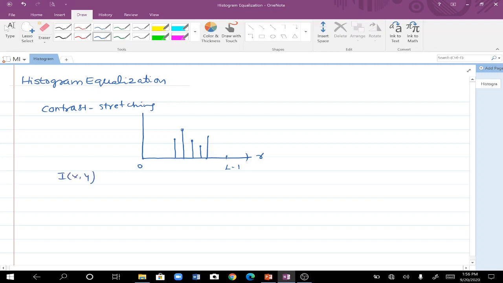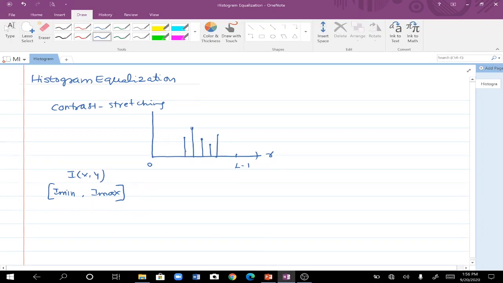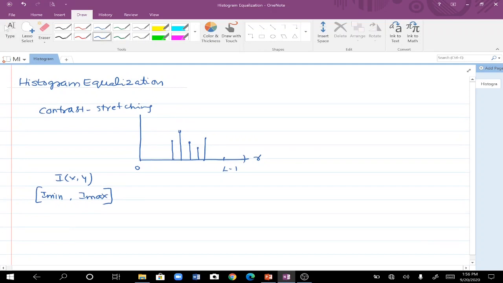Let the minimum and maximum intensities in the given image be I min and I max, giving you the range of values there. So if you point them out in this histogram, this value would correspond to I min, and this would correspond to I max.